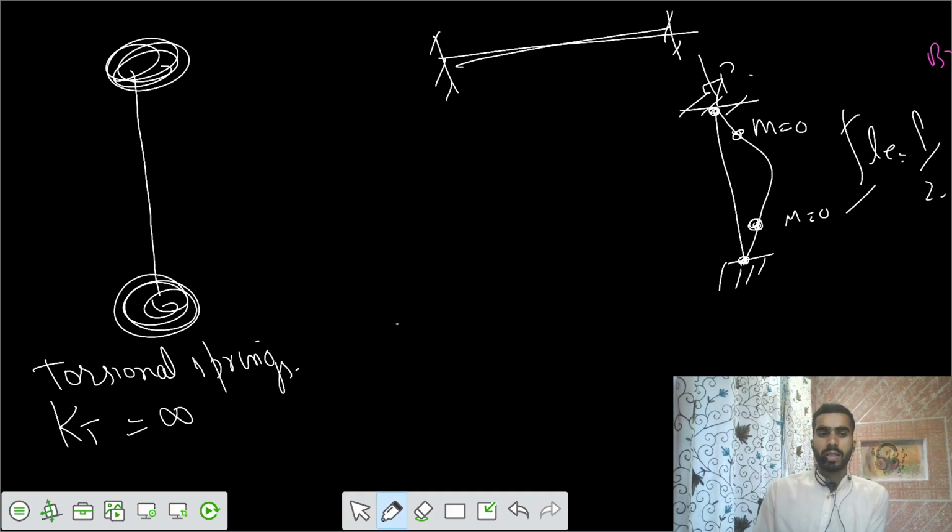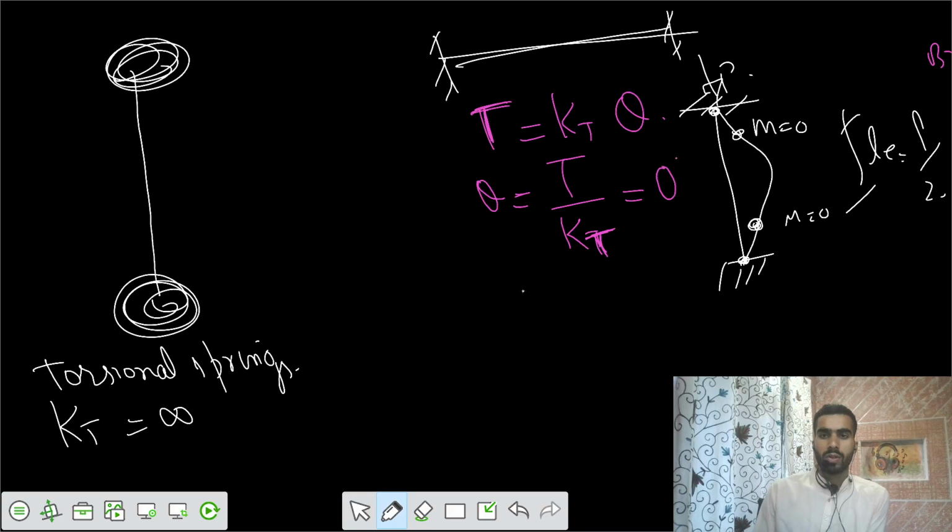What is the equation for the torque developed in the spring? That is KT times theta. Now, how much theta has been developed? That is equal to T divided by KT. But if your KT is infinite, if your spring has a stiffness of infinity, I would say your theta developed equals 0.